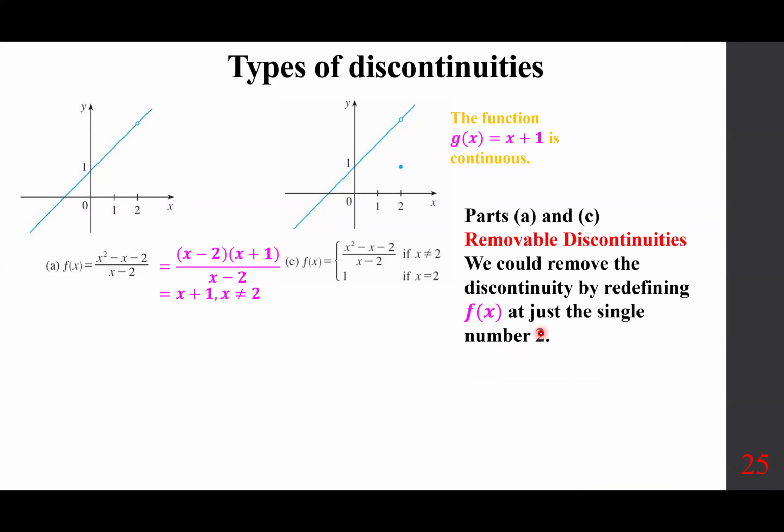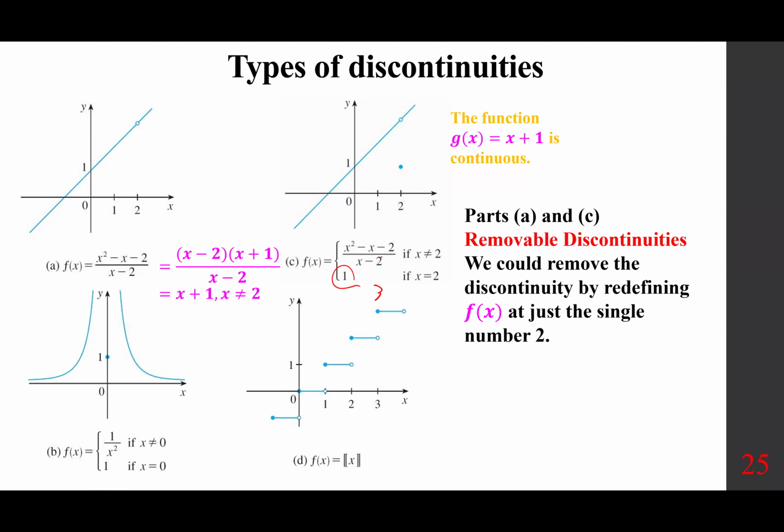So although it's a discontinuity, it's not too bad. We can fix it. Why? Because there's only one point missing. And all you have to do is redefine it. The way you redefine it, if you plug the 2 in here, you get 3. So if you redefine this as 3, that fixes the problem.